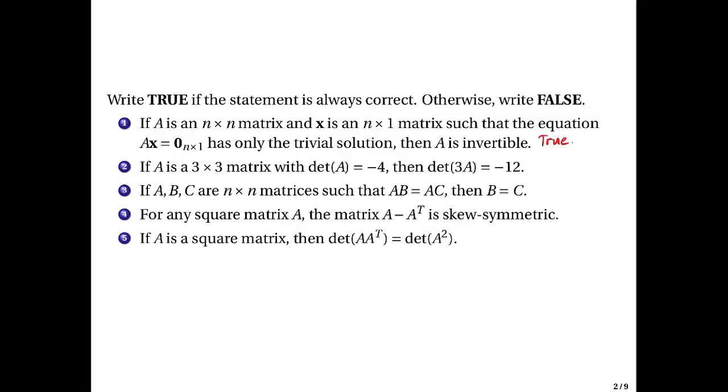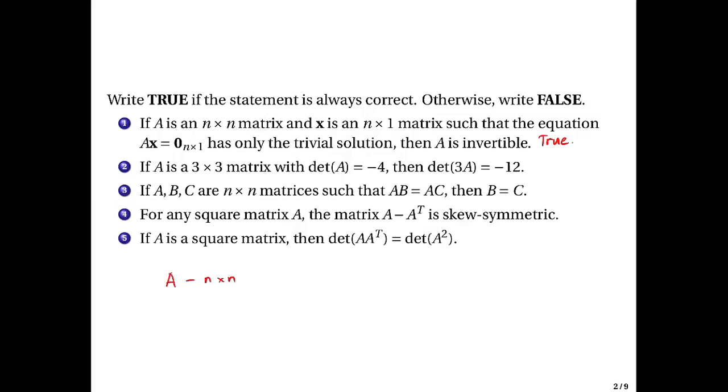For number two, if A is a 3 by 3 matrix with determinant of A equals -4, then the determinant of 3A is equal to -12. True or false? For this, here is what you need to know.